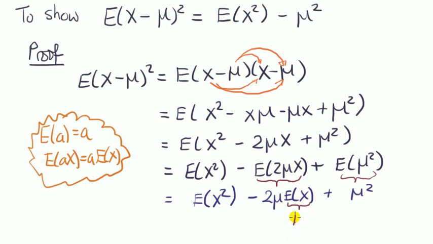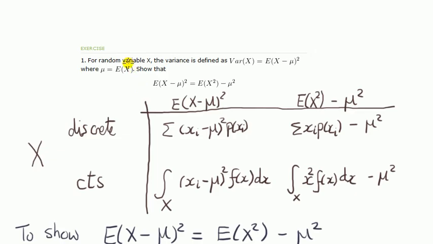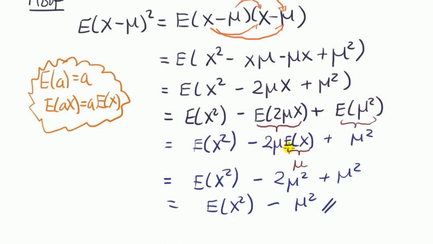Well, we've already denoted it by mu. Here look, mu equals expected value of x. And so the rest is straightforward. Minus 2 mu squared plus mu squared minus mu squared. Done. Finished.